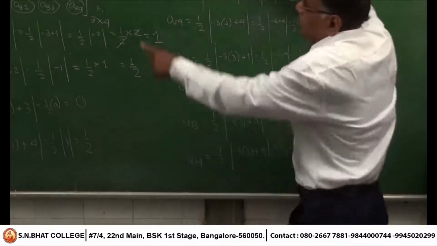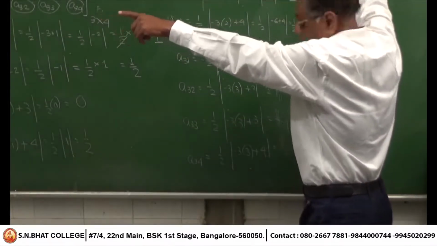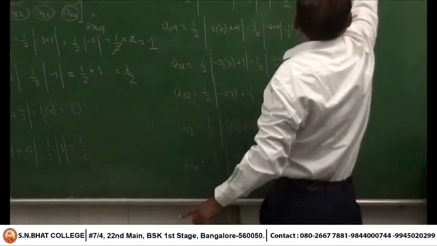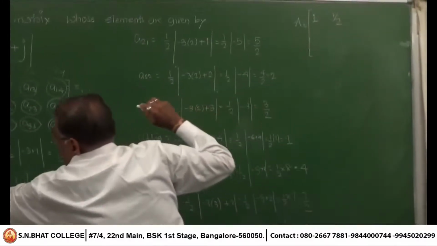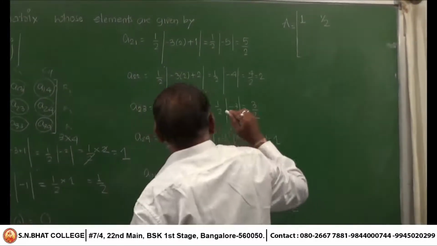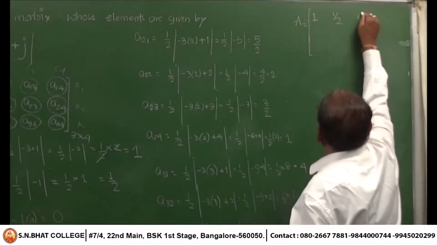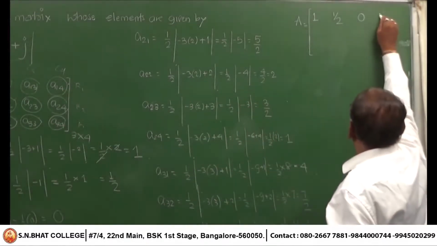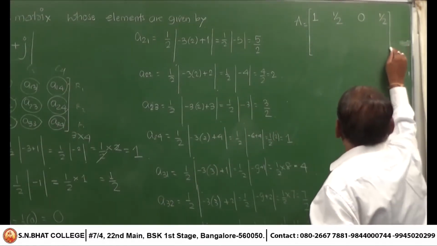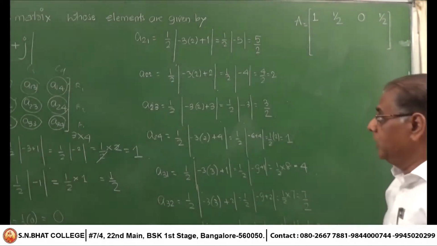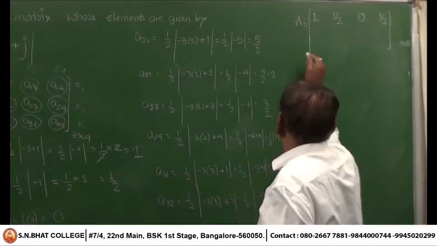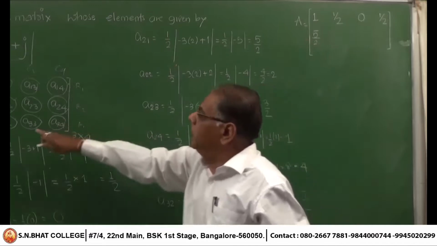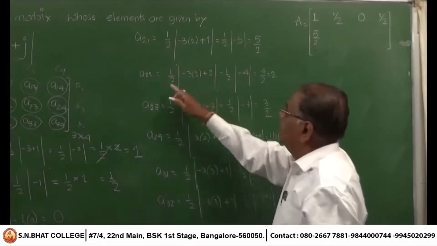A11 is nothing but 1. A12 is 1 by 2. A13 is 0. A14 is 1 by 2. Next, A21 is 5 by 2.